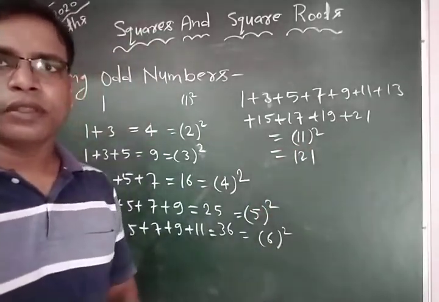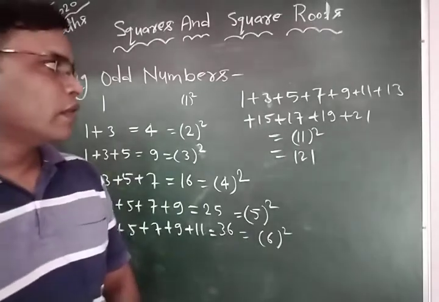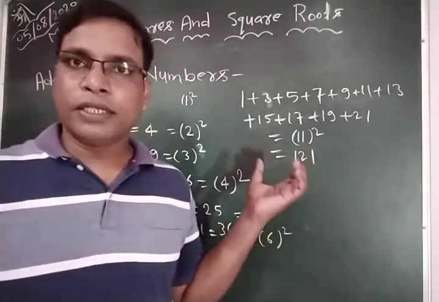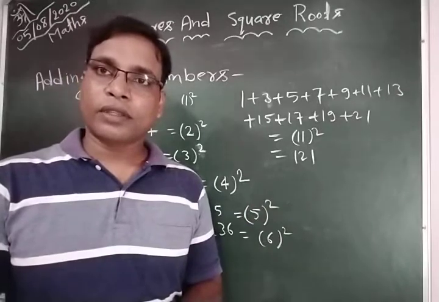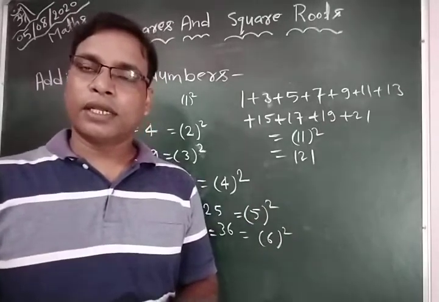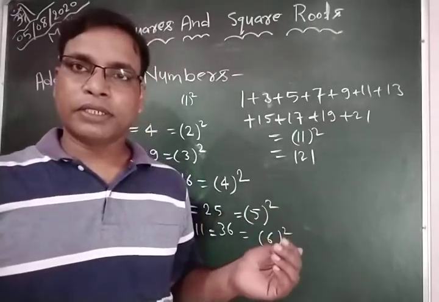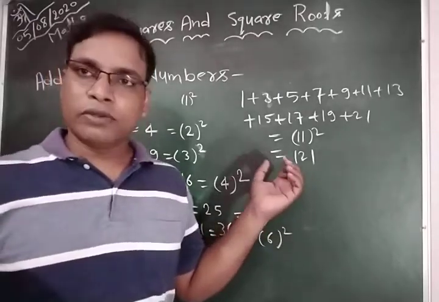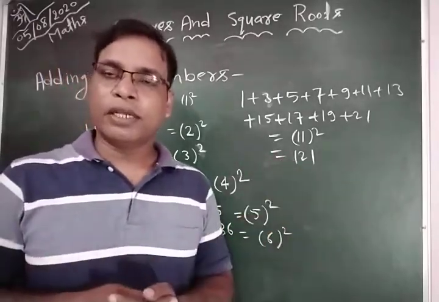Okay, students, in this way you can also find the square root of the given numbers, or you can check whether the given number is a square number or not.